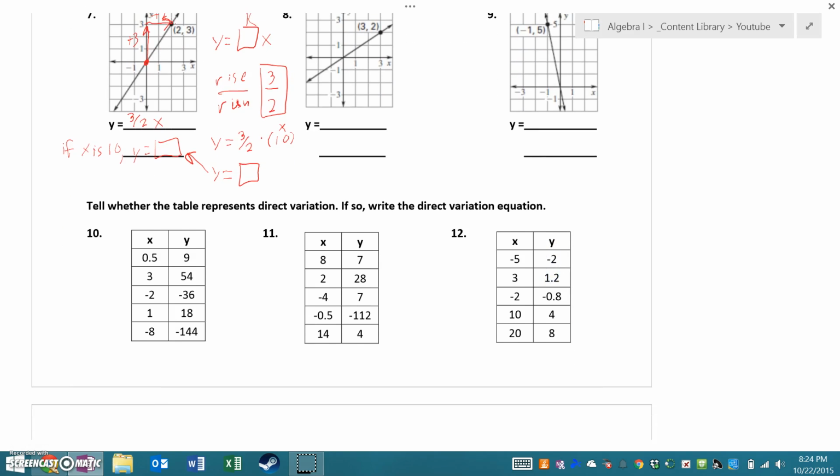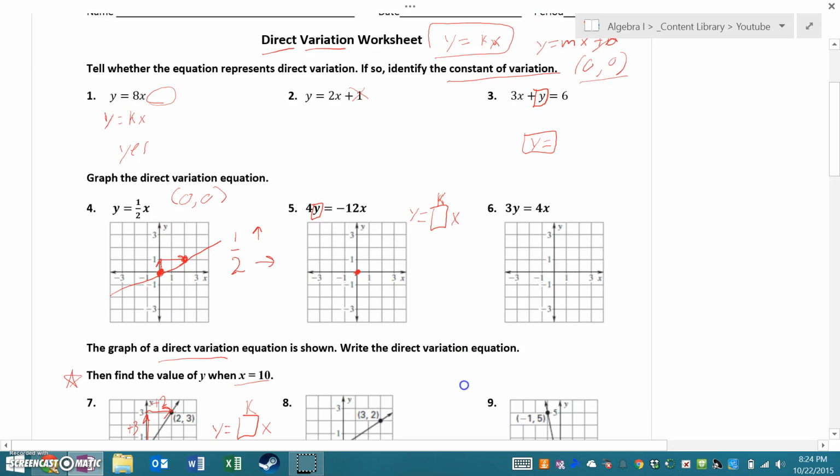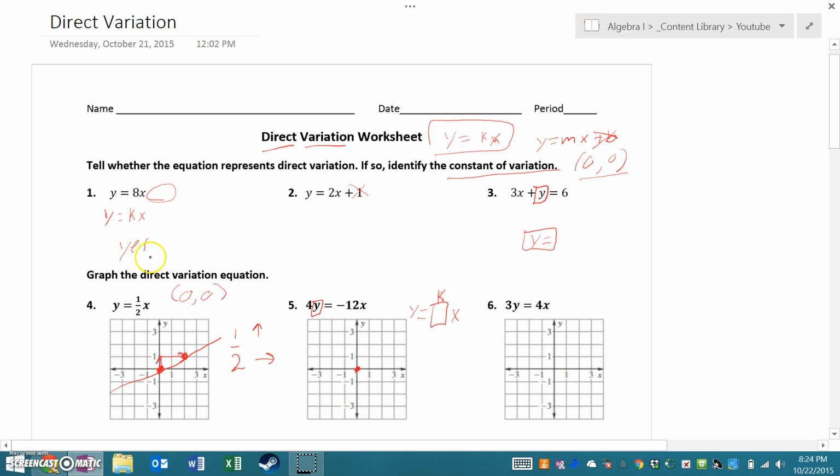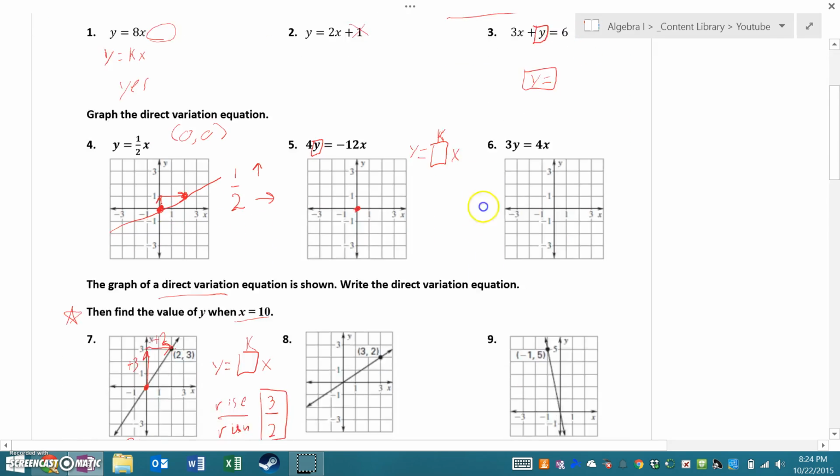Now, for 10, 11, and 12, this is where I probably got the most kickback. What's going on here is very similar to what we did in class whenever we're dealing with x and y values. What you're being asked here is tell whether the table represents direct variation. Again, you're just being asked yes or no, is it direct variation, like 1, 2, and 3.